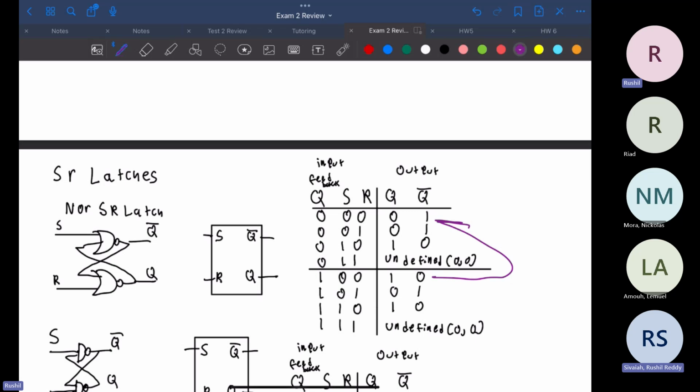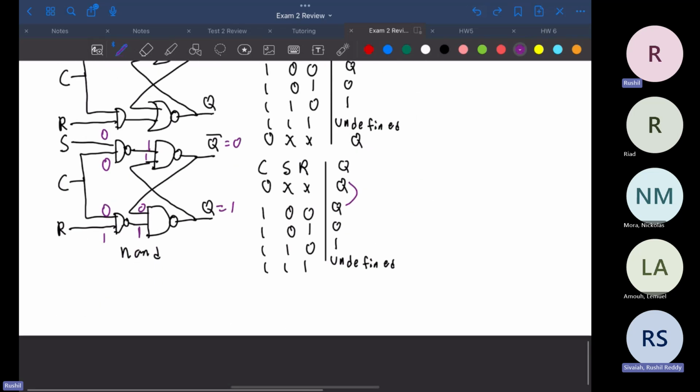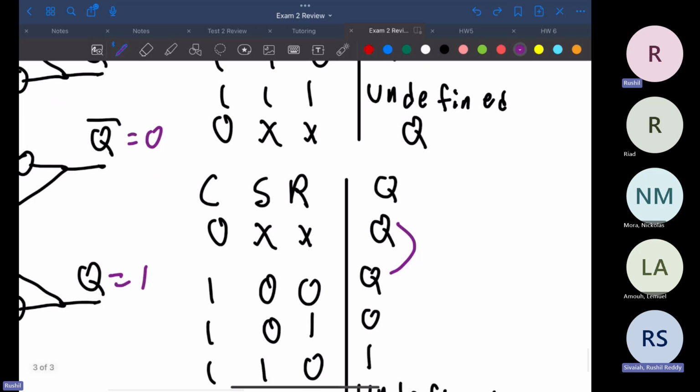We know that whenever S and R are both equal to 0, it'll hold whatever Q was. Keeping that knowledge, if we go over here, since C is a 1, we can basically ignore it. We know that the SR latch is now working. So following that logic, if we look at S and R, it's a hold. They're both 0, which means it's a hold.